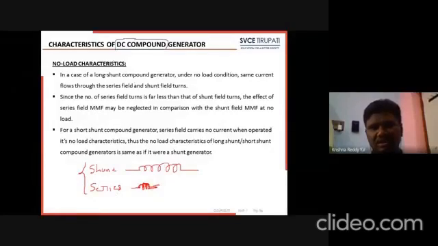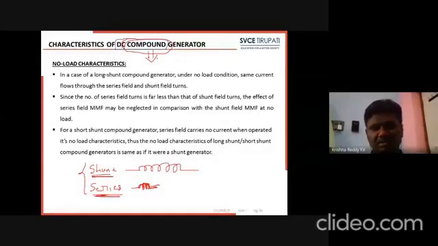That's why it is called a compound generator. It is a combination of both series and shunt generators.